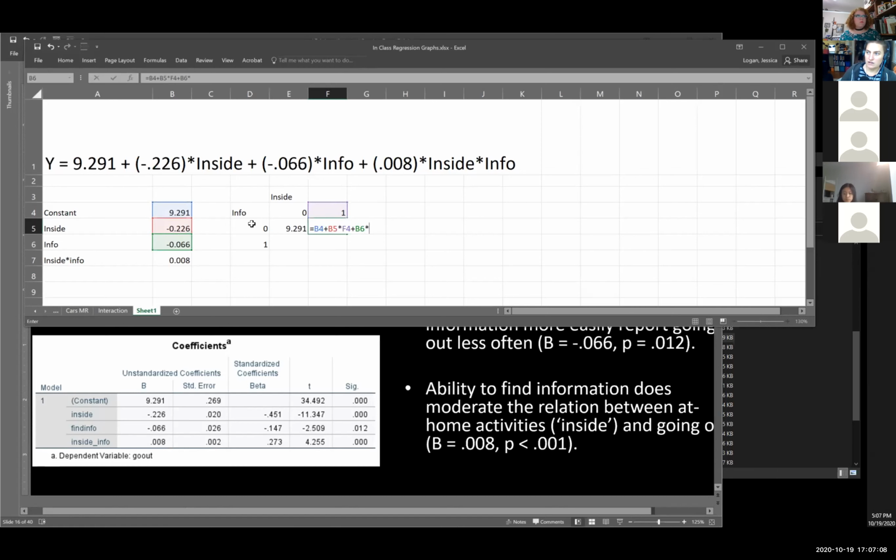So I'm picking it here because I'm in this row. And then last is this interaction term, and it's telling me I need inside and info. So times that, times this, times this. I got 9.065. A couple of you did too. Woo! All right. Now let's do it again for the other two values.